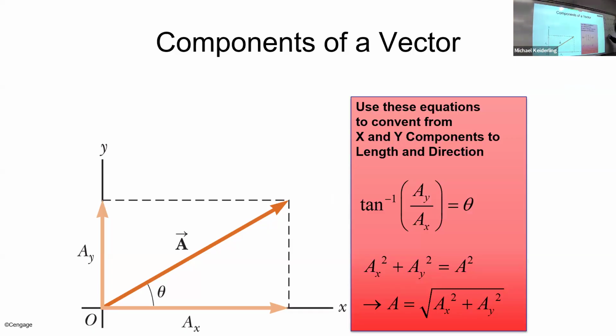The other equation is that the inverse tangent of a_y over a_x equals theta. There is one slight issue with this equation. It turns out inverse tangent, if you use it in your calculator, will always give you an angle between positive 90 degrees and negative 90 degrees, because there are two angles that have the same tangent for any tangent.